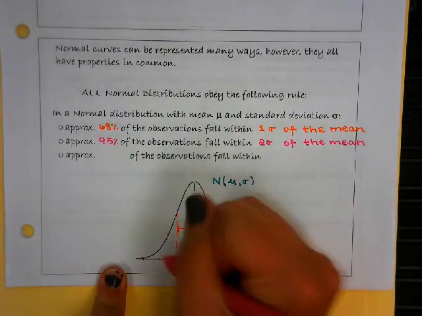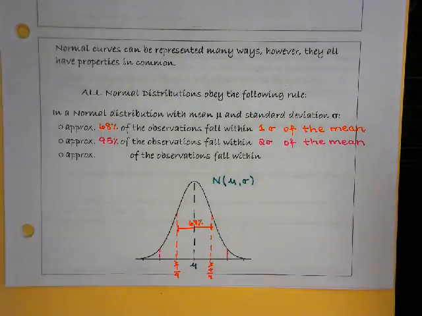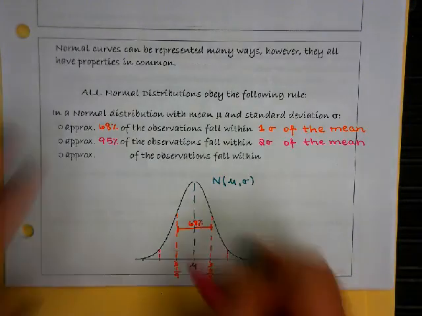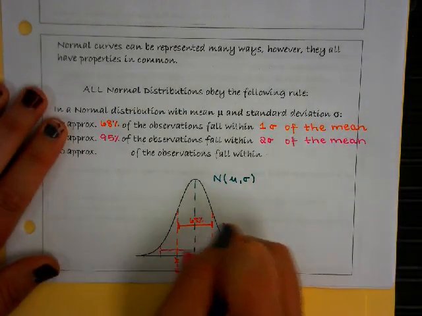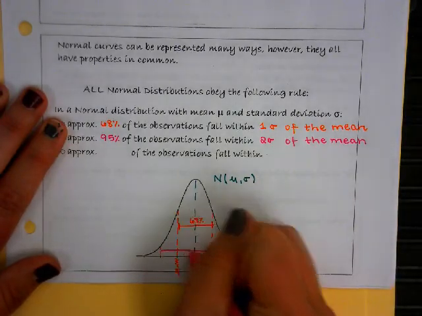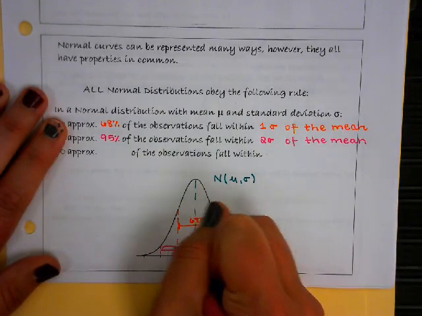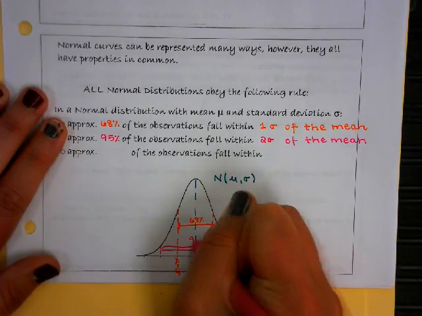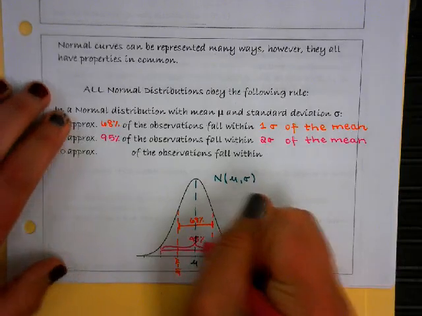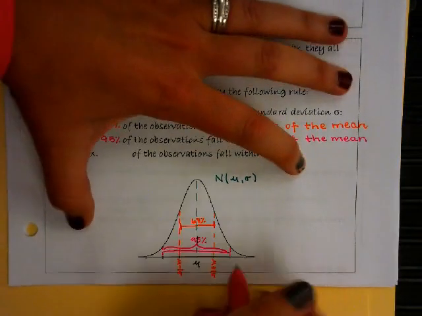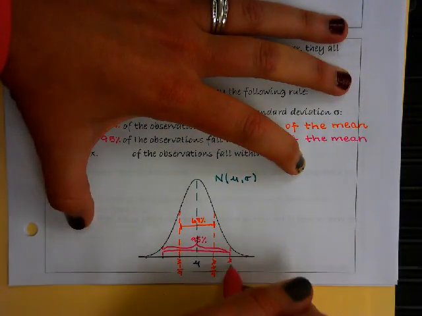So between those 2 points on my normal curve, I have 95% of the data. So I'm going to label those hash marks as mu plus 2 standard deviations and the mean minus 2 standard deviations.